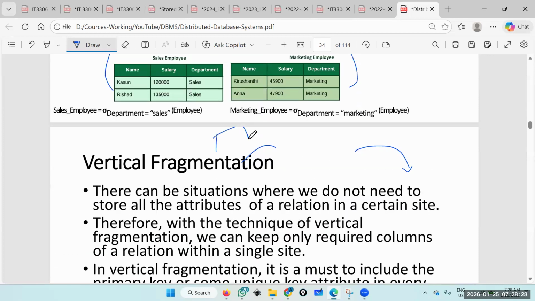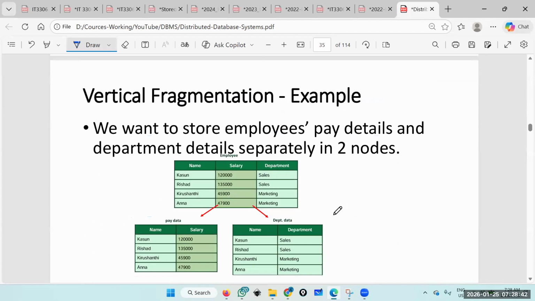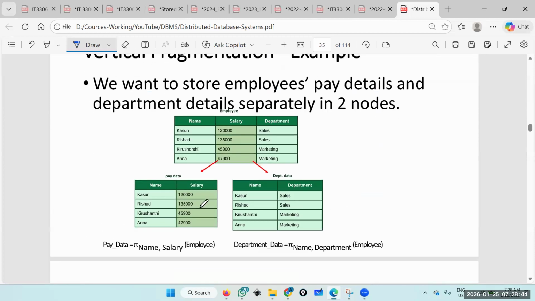Maybe columns related to the accounting department are in the accounting department site, columns related to the HR department are in the HR department site, and something like that. There must be a common field so that we can get the total picture. So how do we explain the partition using pi? Because this is projection, not selection.